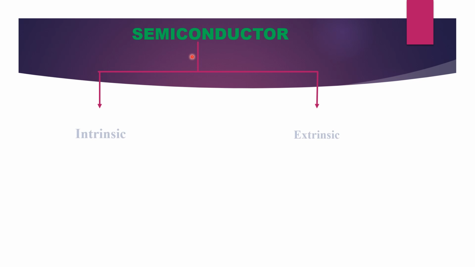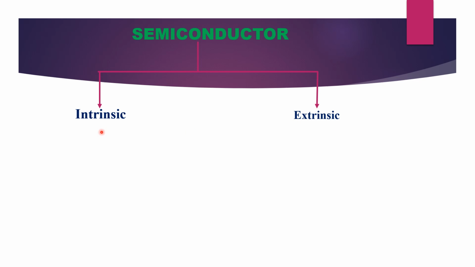Due to this reason, semiconductors have an important role in the fabrication of electronic devices. This semiconductor material can be classified into two categories: intrinsic semiconductor and extrinsic semiconductor.